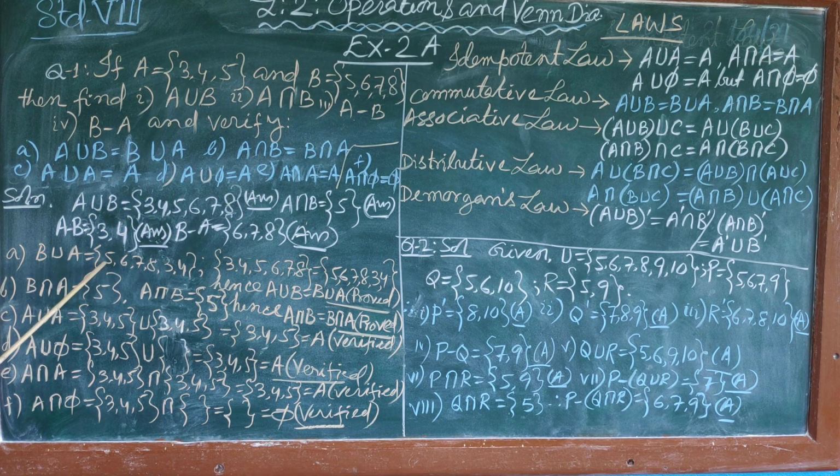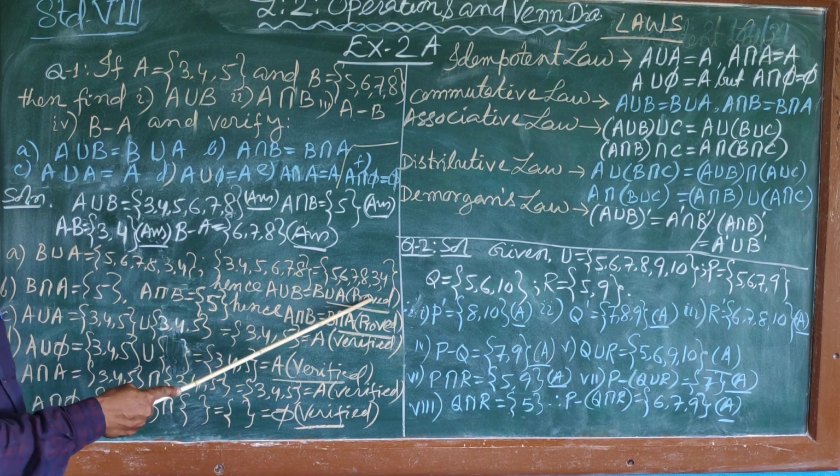So B union A will be 5, 6, 7, 8, 3 and 4. And A union B is also the same: 5, 6, 7, 8, 3 and 4. Are they not the same? They are the same. These two are equal. Therefore A union B is equal to B union A. Proved or verified. Do you understand?